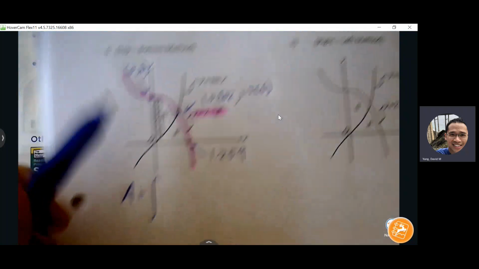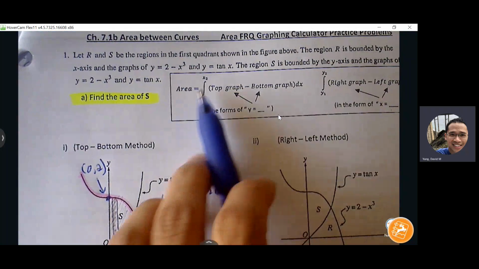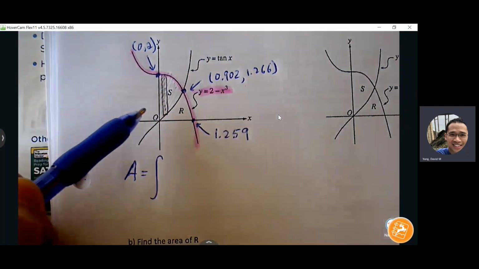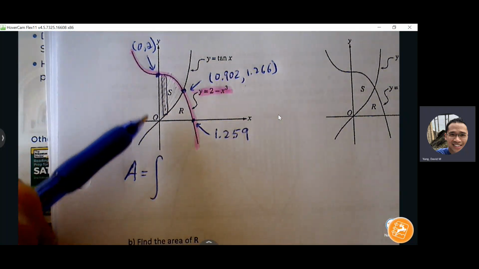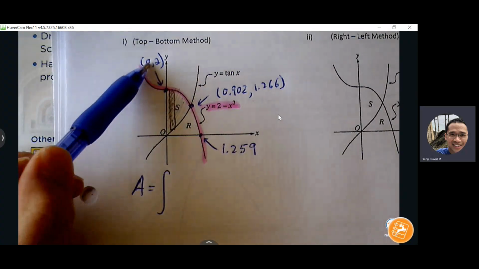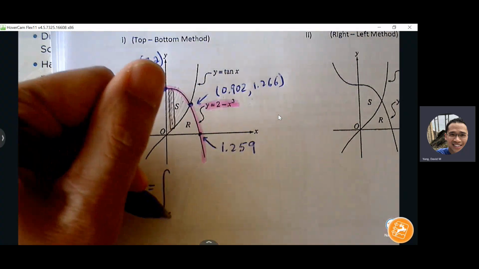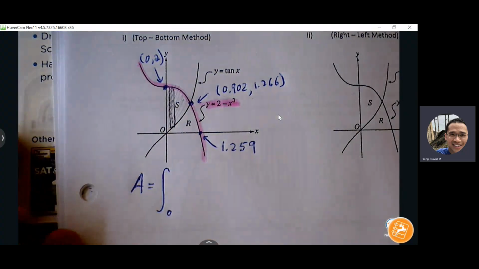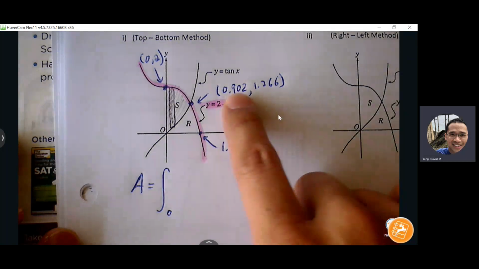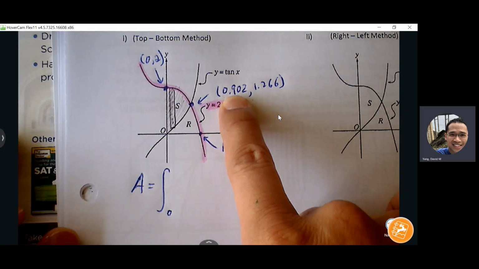a definite integral from, now we're following top minus bottom, so everything has to be in terms of x. We want to go from the furthest left to the furthest right. What's the furthest left x value that you see of this region S? 0, right? So we're going from 0 to what's the furthest right x value for region S? 0.902, right?